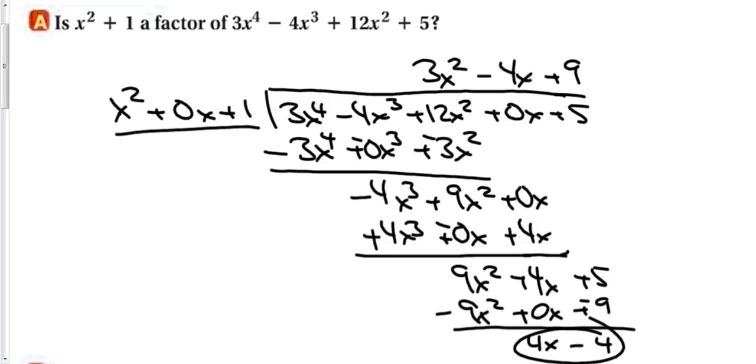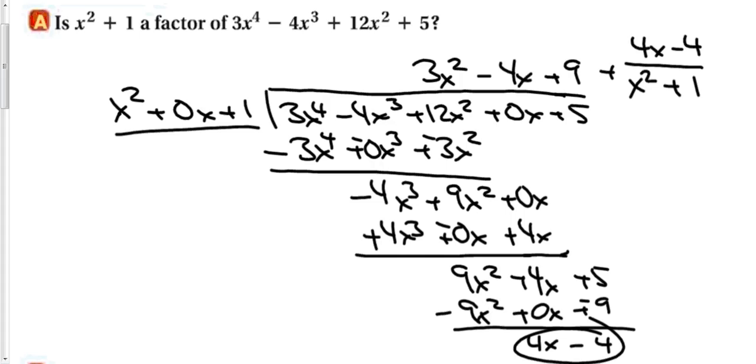So I can tack that on at the end as a fraction over x squared plus 1, and I don't need to put a 0x as part of my answer, right? I can leave that out now. So this particular question was asking if x squared plus 1 is a factor of 3x to the fourth minus 4, and so on.